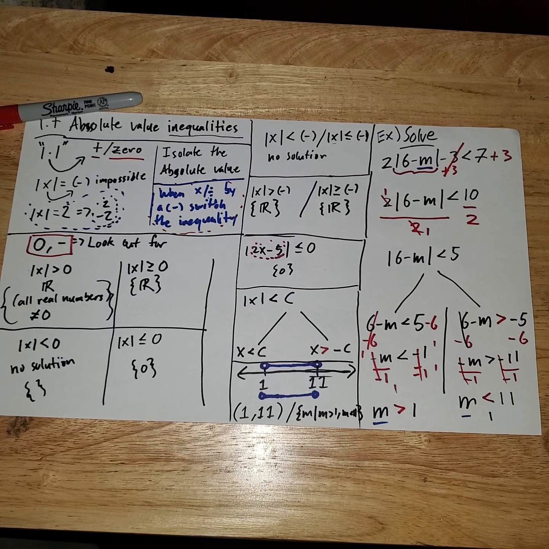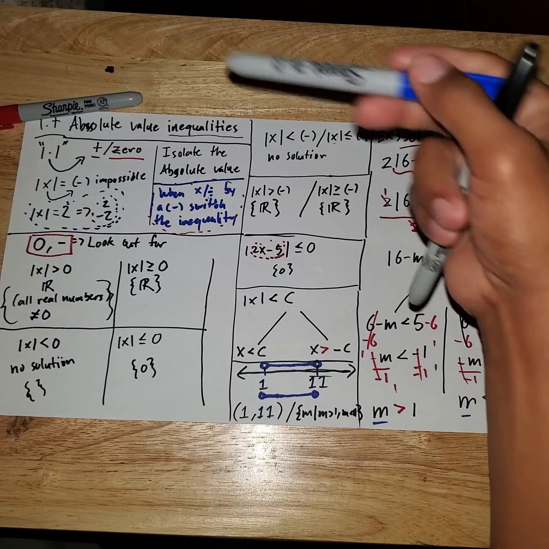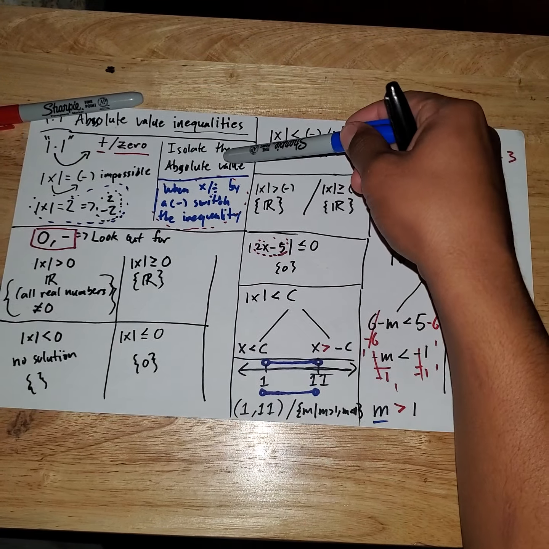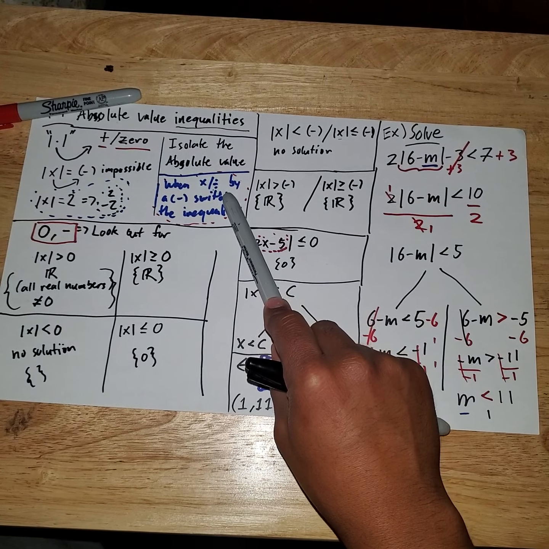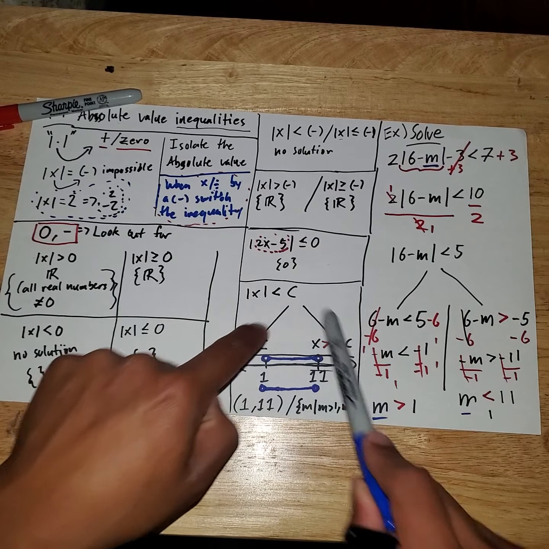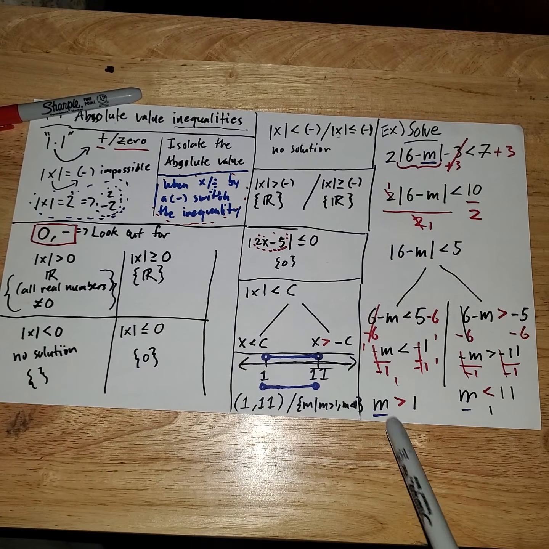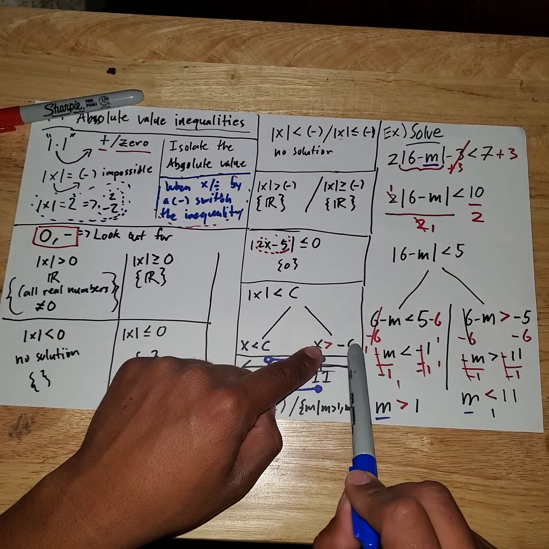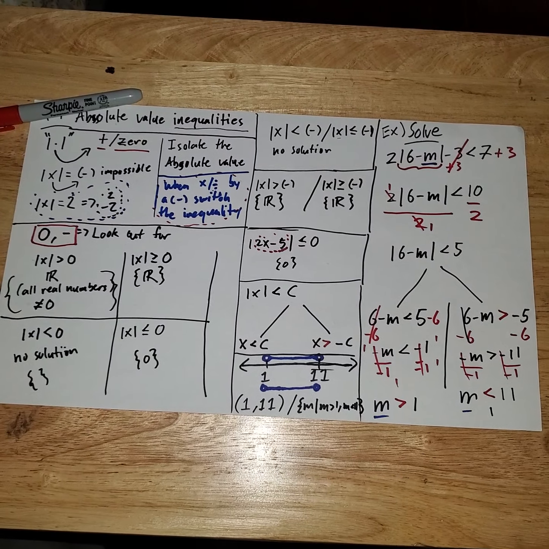But let's do another example. So that one's like crammed in there. But isolate, watch out for if you're multiplying or dividing by a negative, and then make your two inequalities. But you have to switch the sign of the number, and then you have to switch your inequality.